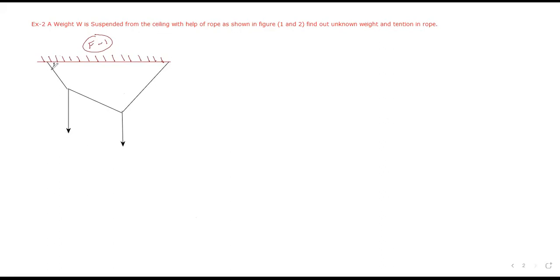This angle is given, that is 45 degree, and this angle is 60 degree. Horizontal, that means 30 degree. Is it clear? Is this much data clear?